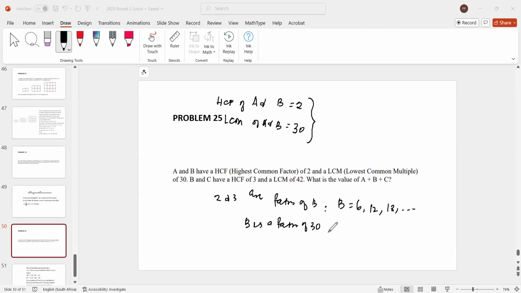And it's also a factor of 42, because B occurs here as well. So if it's a factor of 30 and 42, B has to be 6 now. 12 is not a factor of both. And so B is 6.